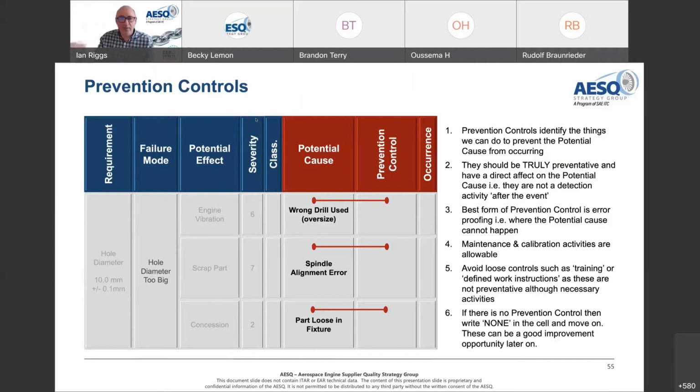It's best either to leave it blank or write the word none, because I think 70% of the improvement actions you get out of your early process FMEAs will be, we haven't really got a prevention control in place for that potential cause. So make sure you don't be afraid of writing none in prevention control if you don't have something that really does prevent it.